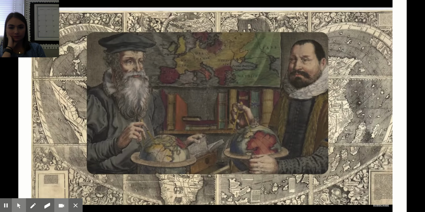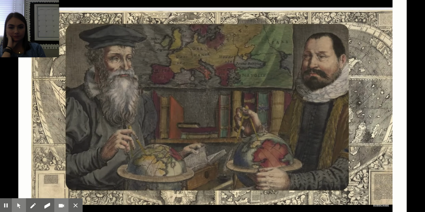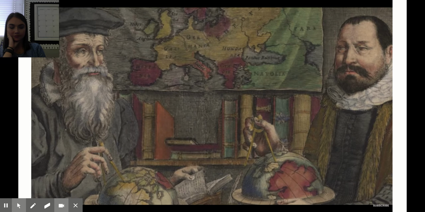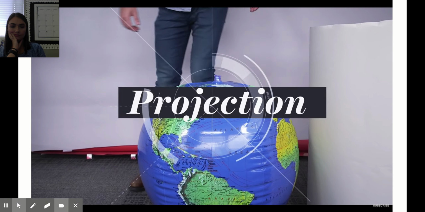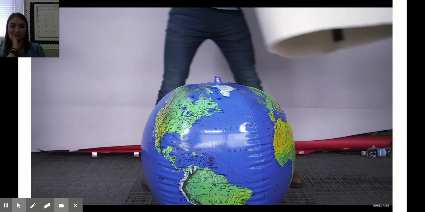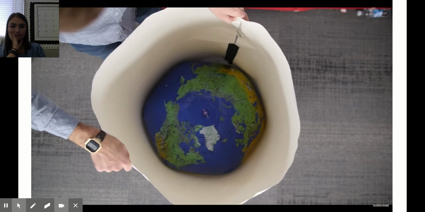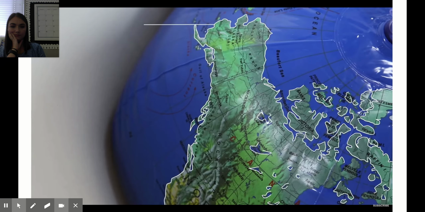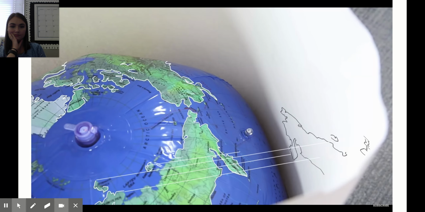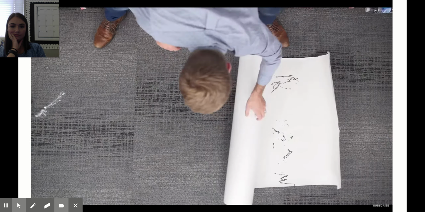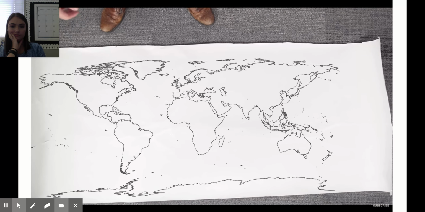Since around the 1500s, mathematicians have set about creating algorithms that would translate the globe into something flat. And to do this, they use a process called projection. Popular rectangular maps use a cylindrical projection. Imagine putting a theoretical cylinder over the globe and projecting each of the points of the sphere onto the cylinder surface. Unroll the cylinder and you have a flat rectangular map.